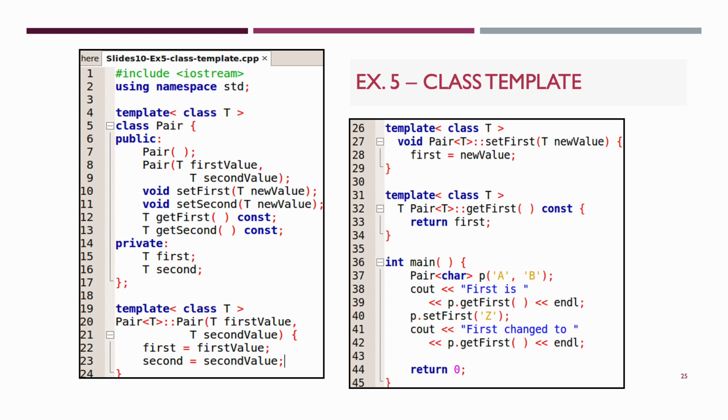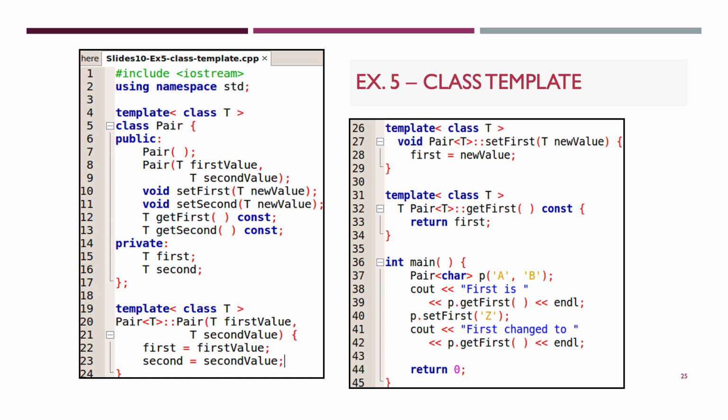Here the class pair is designed to store two values of the same type T. It has private data members first and second of type T. Then we have constructor pair T first value, T second value, which initializes the first and second members with the provided values. Then we have some member functions like set first, which updates the first number, set second updates the second member, get first returns the value of first, get second returns the value of second.